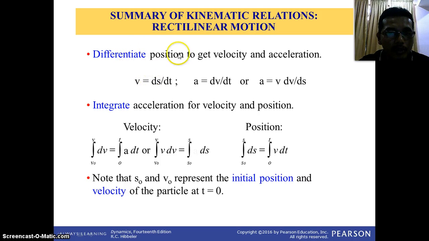If you differentiate the velocity, you get the acceleration. But if you integrate the acceleration, you get the velocity. If you integrate the velocity, you get the position. Here s naught and v naught represent the initial position and velocity of the particle at t equal to 0.